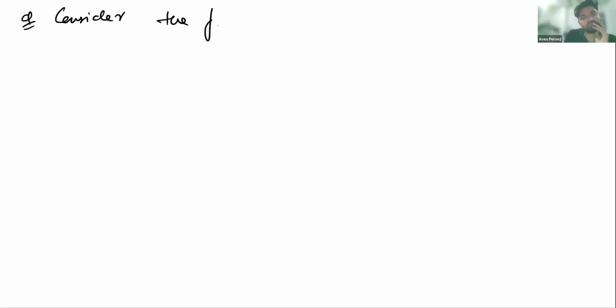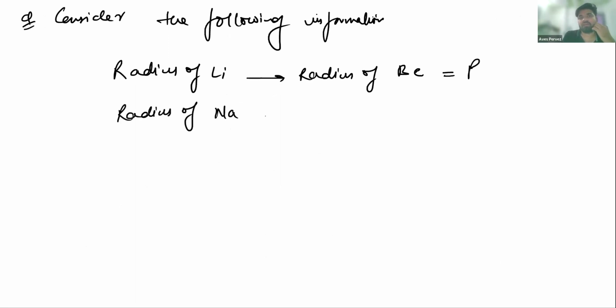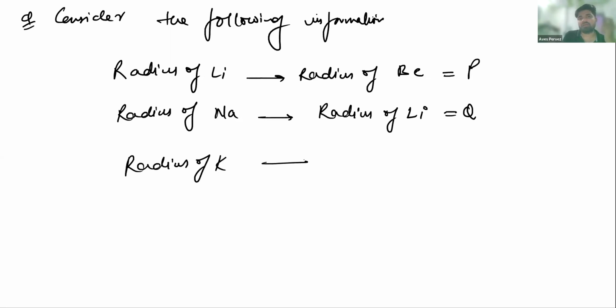Next is: consider the following information. The radius of Li and the radius of Be is equal to P. The radius of Na and the radius of Li is equal to Q. The radius of K and the radius of Na is R. Got it?